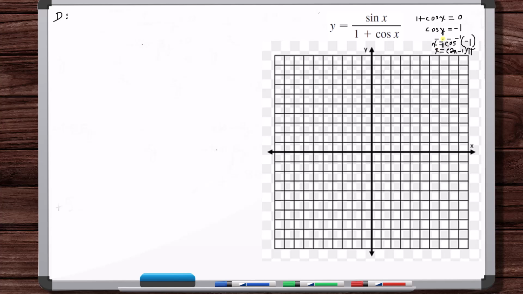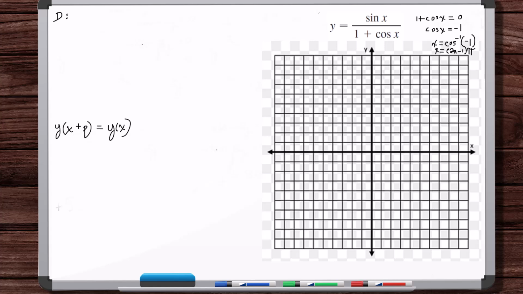So I'm assuming that this is going to be periodic. I don't know what the period is though. Let's look at that right now. Let's say there's some p such that y of x plus p is equal to y of x.